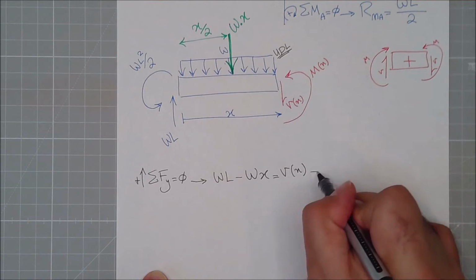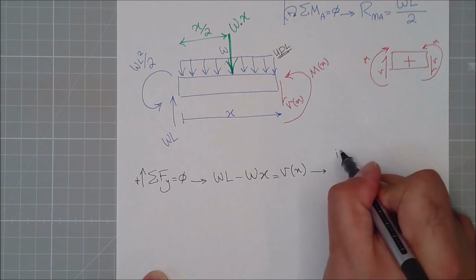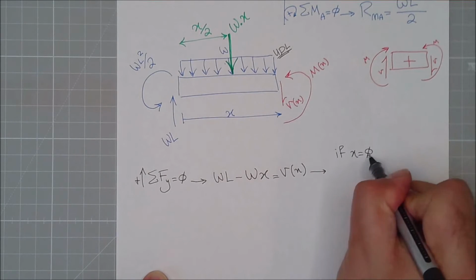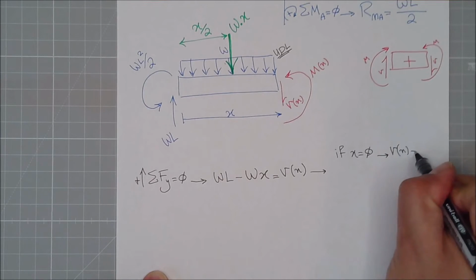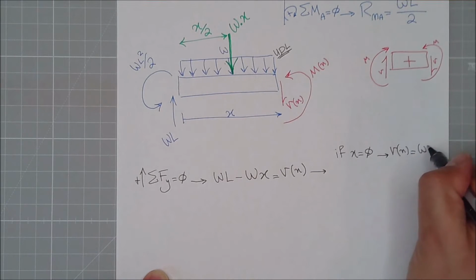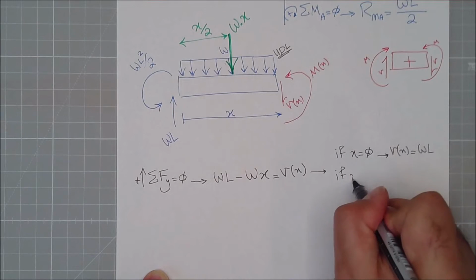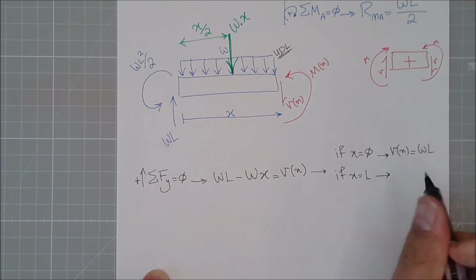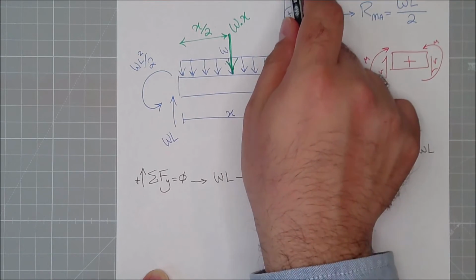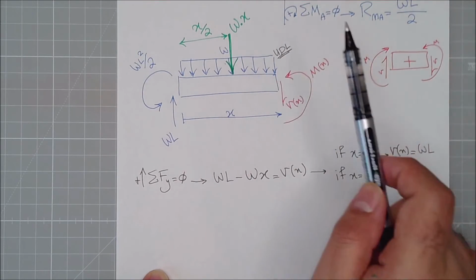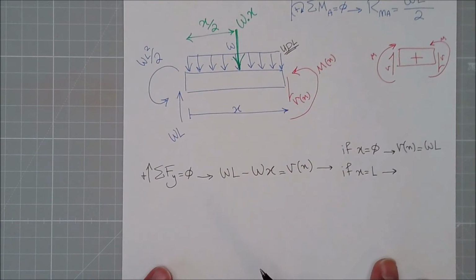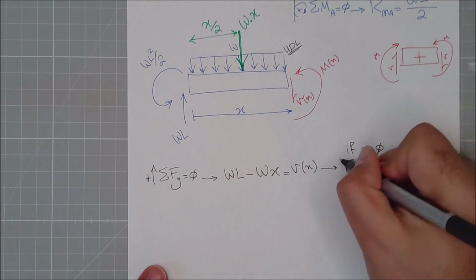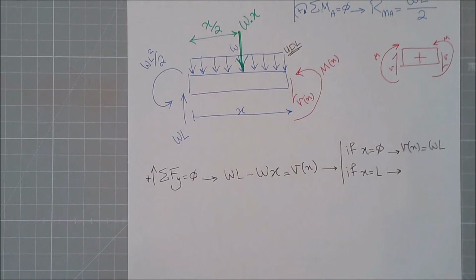Can I give values to it? Yes. If x equals 0, what happens here? My shear force will be WL. If x equals L, because this time I decided to cut it a little bit before the L ends, that's why I'm allowed to put x equal to L, similar to what we did in the first example as well.